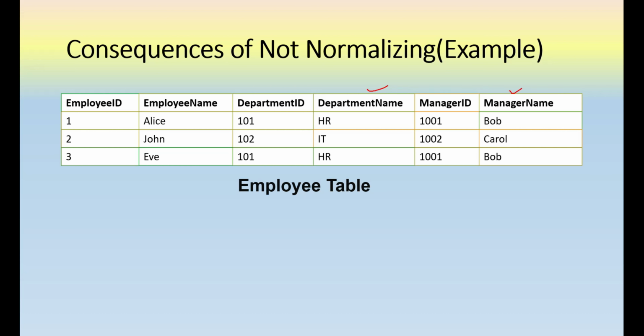These columns are repeated for every employee in the same department. Suppose employees 101 and 102 are in the same department. So this value is repeated, and for this department the manager ID is the same and the manager name is the same.